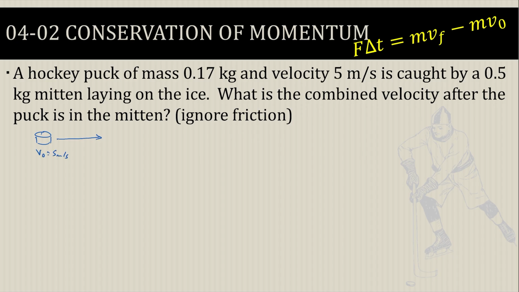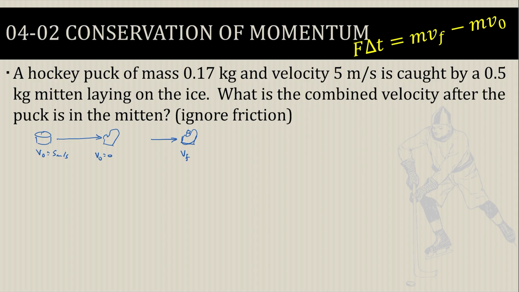It's moving towards a mitten, and its initial velocity is 0. Then they hit, and the puck is in the mitten, going at some unknown velocity.